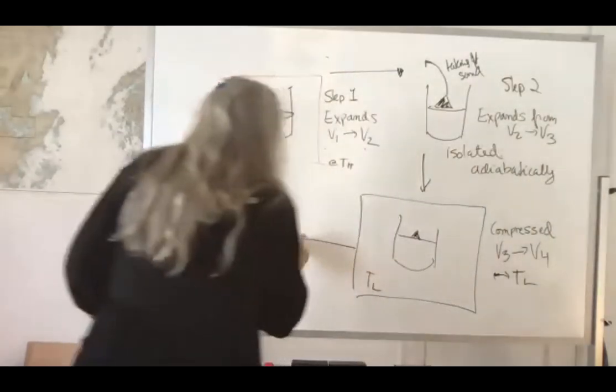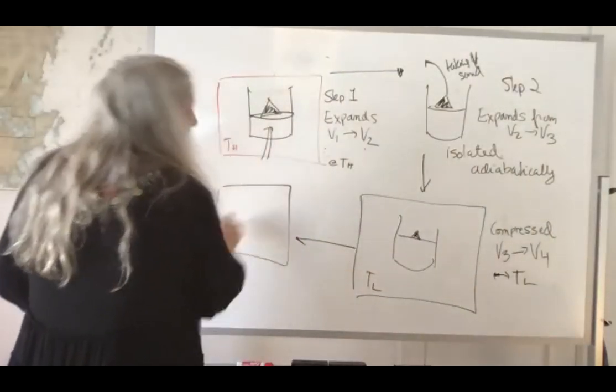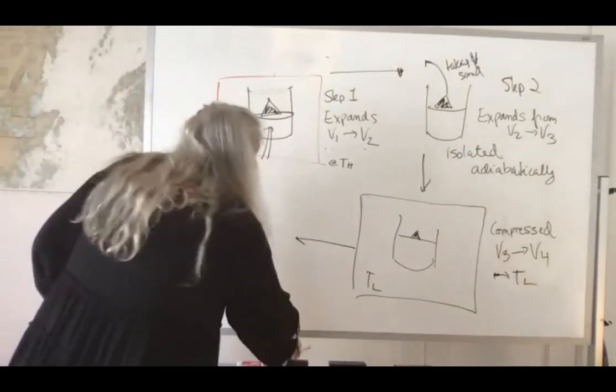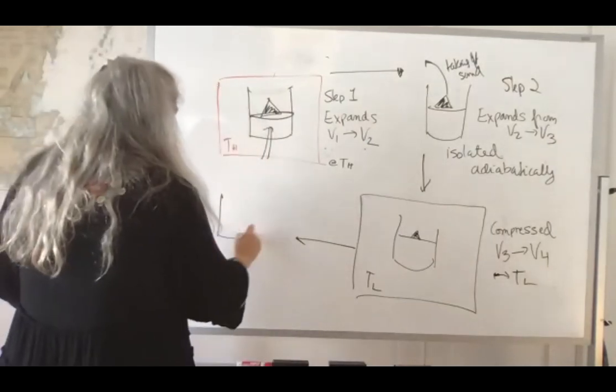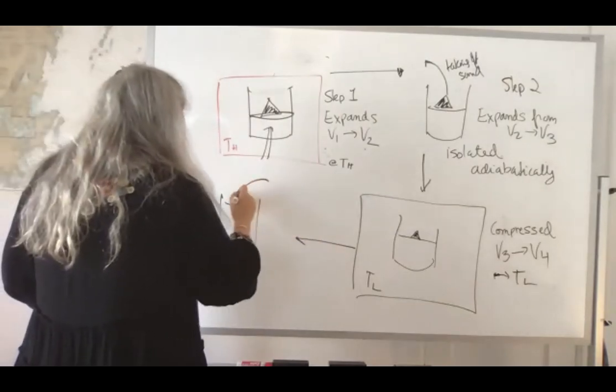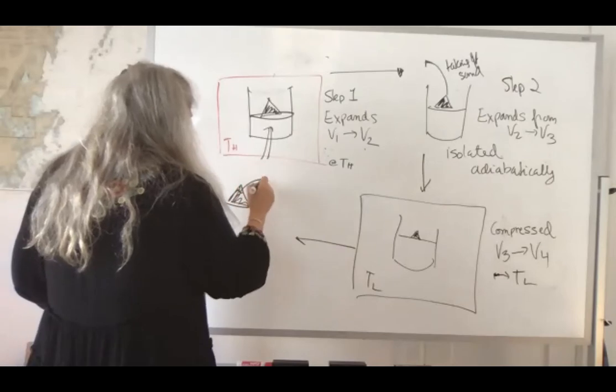And then this last step reverses, because there's no bath, it's isolated. Now we didn't have very much sand on it, so we have to put sand back to reach the beginning state.